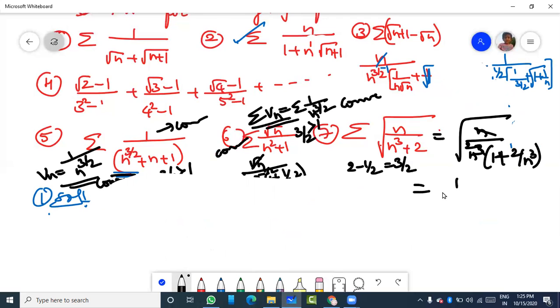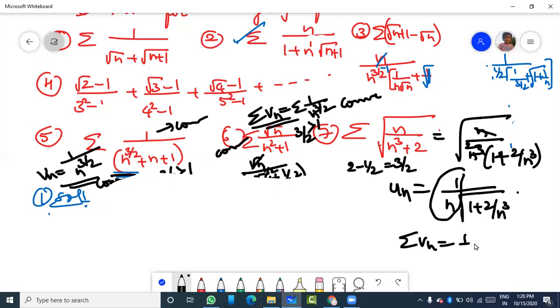Taking outside 1 by n under root of 1 plus 2 by n cube. Here it is the Un term. What can we choose? Sigma Vn is 1 by n. Here n power is 1, here p equal to 1. So it is divergent from the p test. Then Un is also divergent.